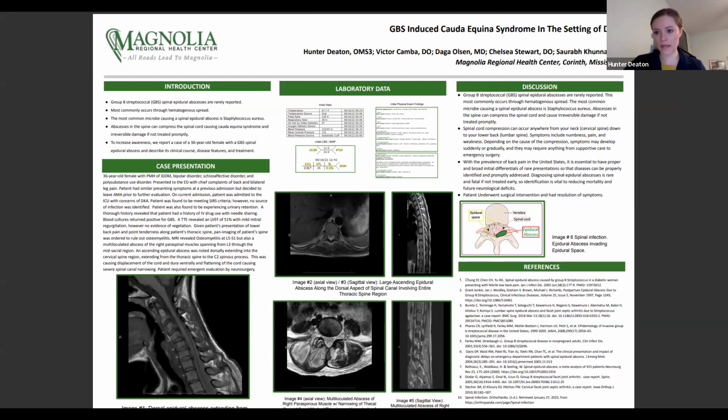So on diagnosis, we came up with a spinal epidural abscess caused by group B strep, presenting with symptoms of Cauda equina syndrome. Those including leg and back pain, paresthesias, bladder dysfunction, and saddle anesthesia. The patient was sent to neurosurgery for emergent evaluation and surgery, and it reportedly is doing well today.